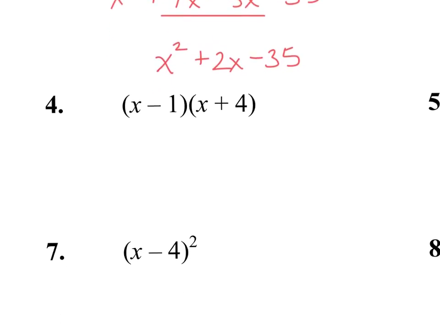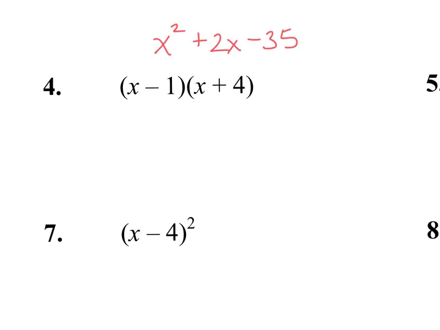Okay, all right, so going down to number 4. See if you can do the x minus 1 times x plus 4. Give you a second to try it and see what you come up with. Angel, what'd you get?